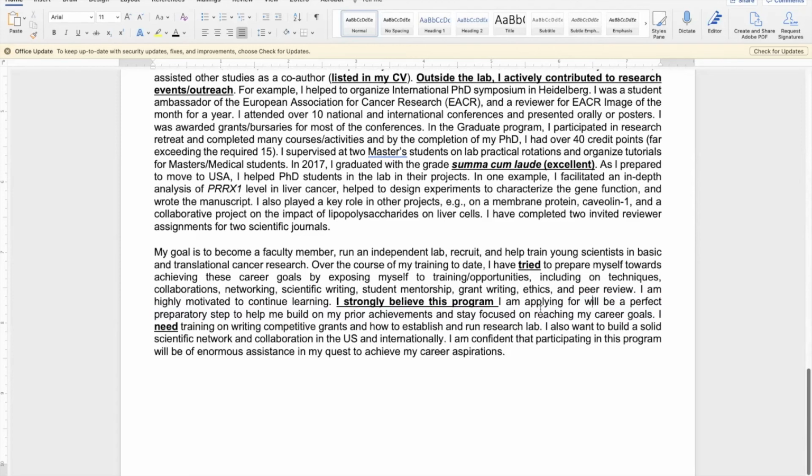Now, I need training on writing competitive grants and how to establish and run a research lab. Look at the point I want to emphasize here: need. Despite what you have achieved, you have to establish one or two things you are looking at, particularly that when you get into this program, you will be learning.